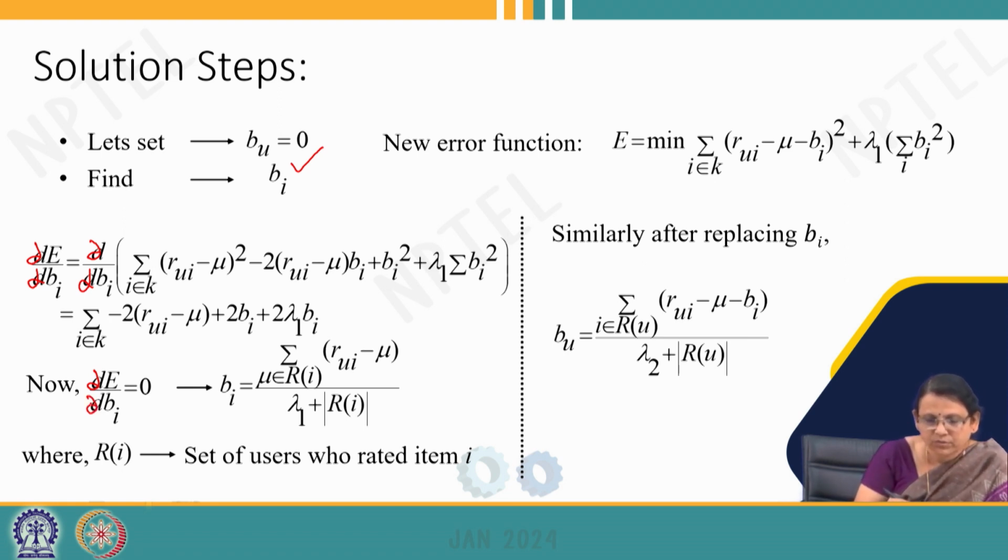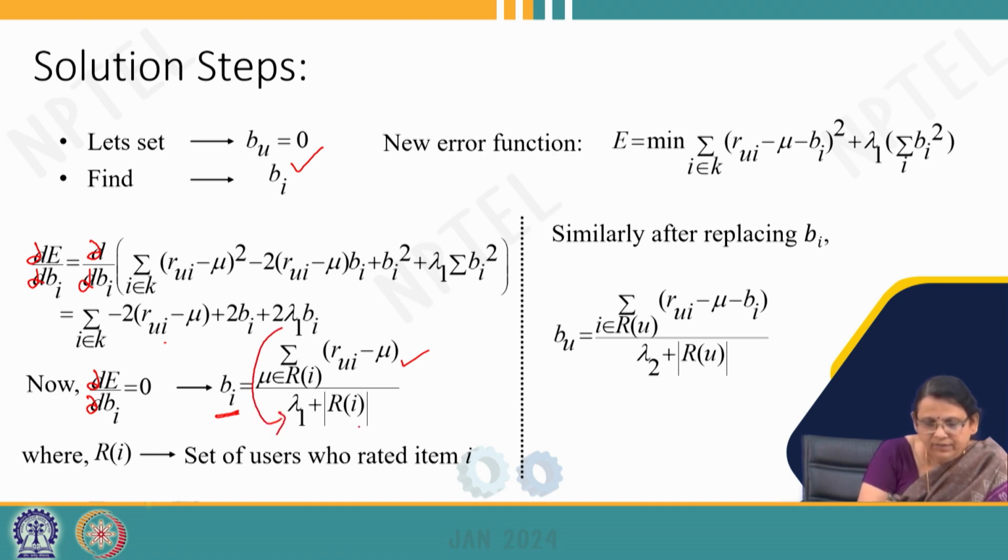When you set this to 0, BI is going to come to this side and this one is going to go to this side, and here we have two terms, BI plus lambda BI. Of course, 2 is going away because you are setting it to 0. So, lambda is coming from here.